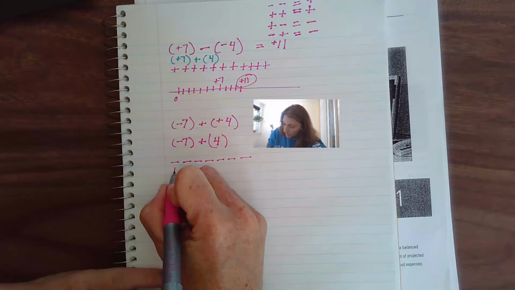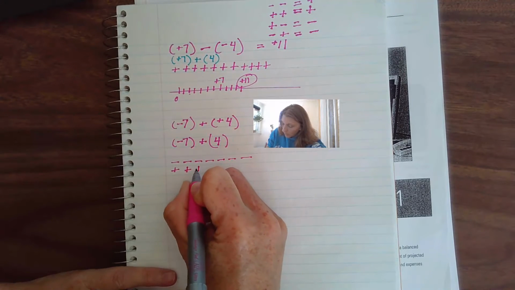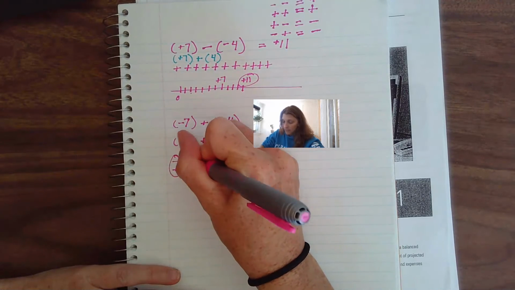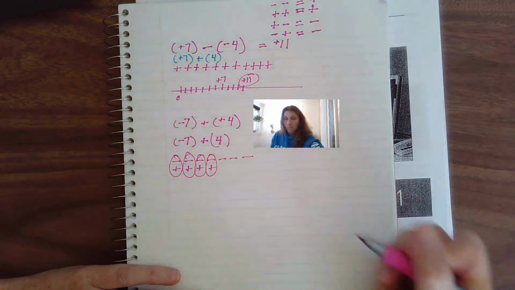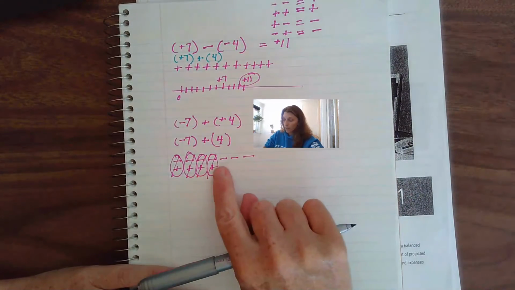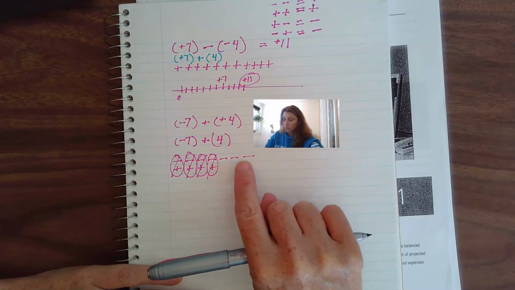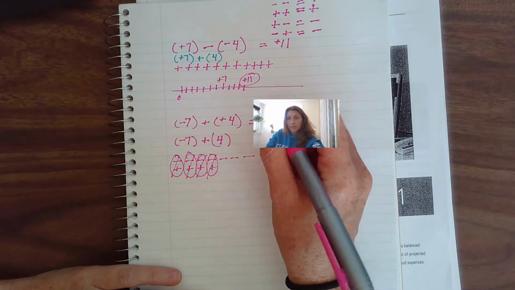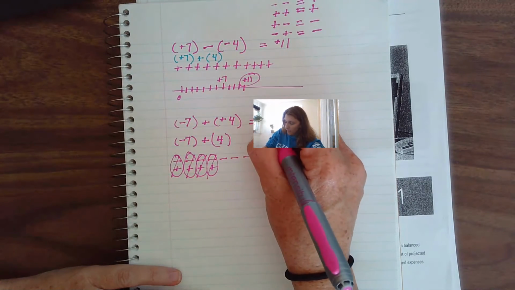I'm going to put them under here. 1, 2, 3, 4. Well, look what I've got. Here's our 0 pairs. These cancel each other out. They're nothing. What do we have left here? 1, 2, 3 negatives. -7 plus +4 equals -3.